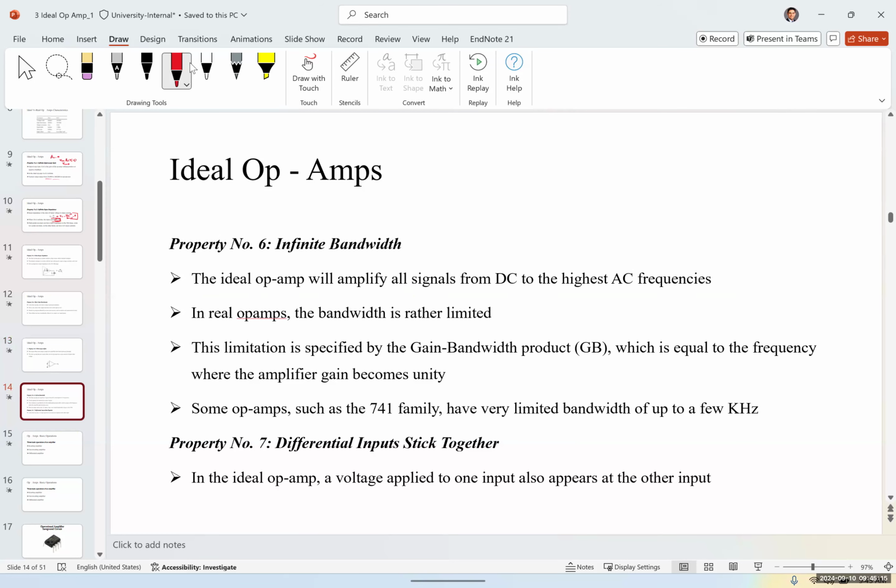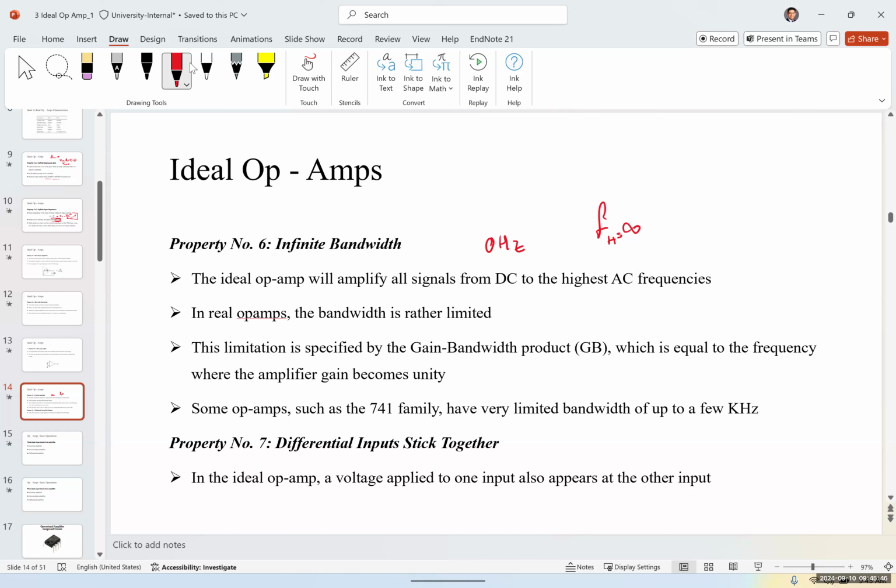And an ideal op-amp must have infinite bandwidth, meaning it should amplify signals from DC, which is 0 hertz, up to the highest AC frequency, ideally infinite. But in the real world, they are very limited. And by the way, this limitation is called the gain bandwidth product.